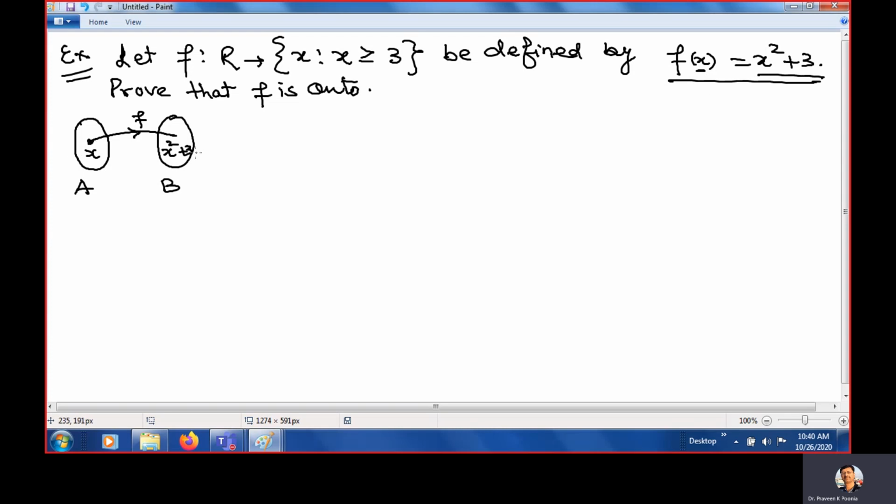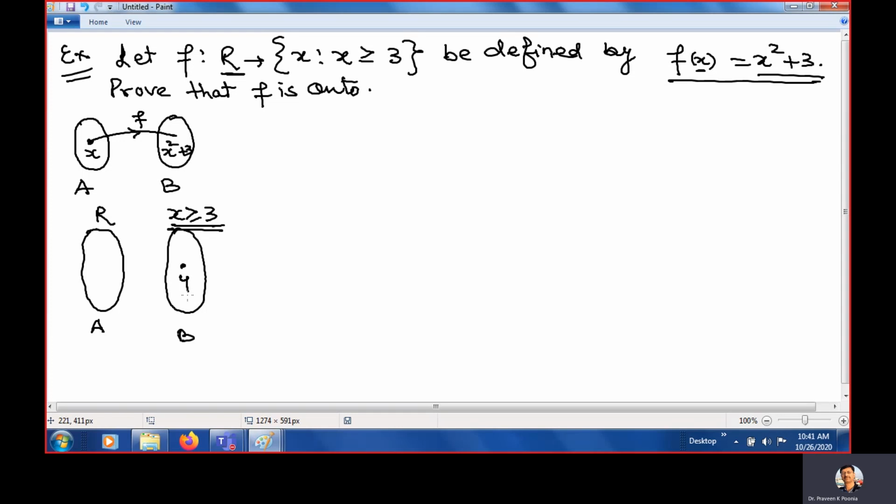This is set A, this is set B. This set is of real numbers. And this set is only x greater than or equal to 3. We cannot take 2, we cannot take 1, we cannot take 0, we cannot take negative numbers, because here the value is given as 3 and greater.